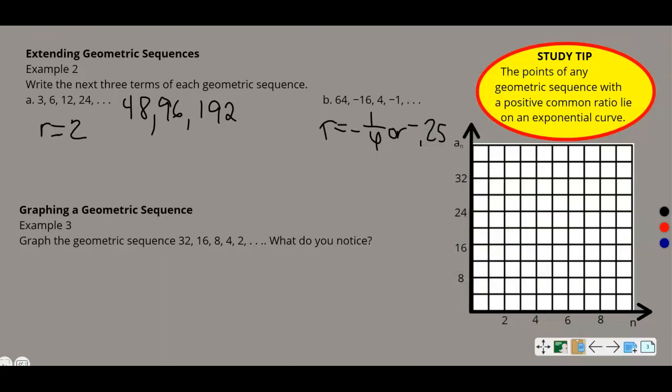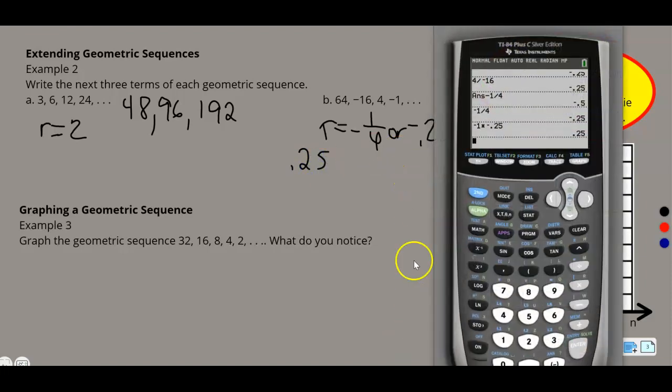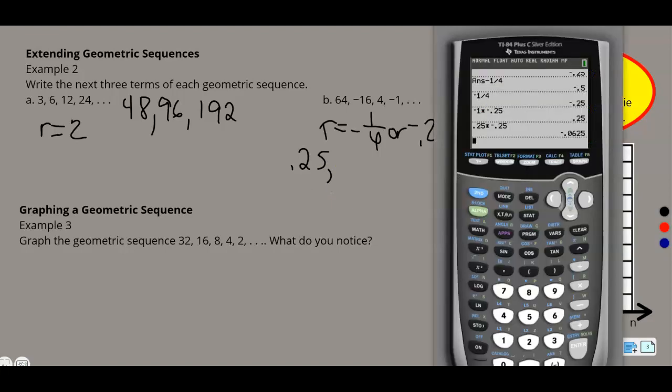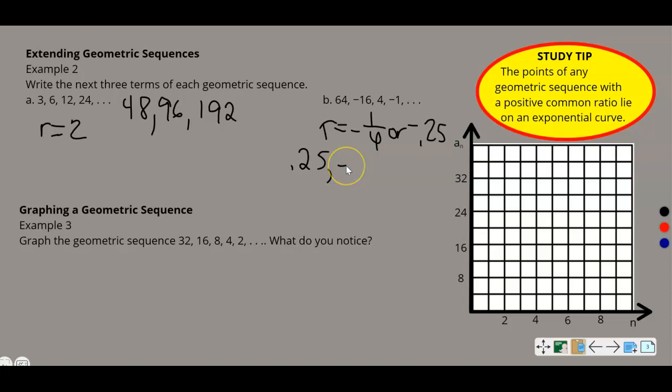Then I'll write it down here, 0.25, and I need to multiply that by negative 0.25. So 0.25 times negative 0.25, my next one's going to be negative 0.0625.